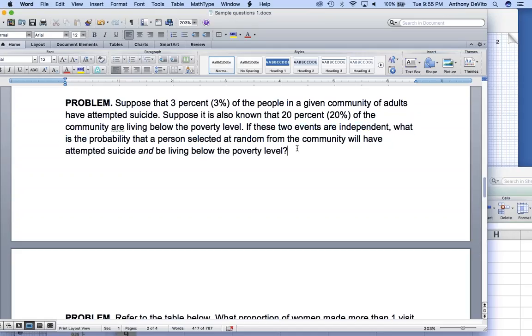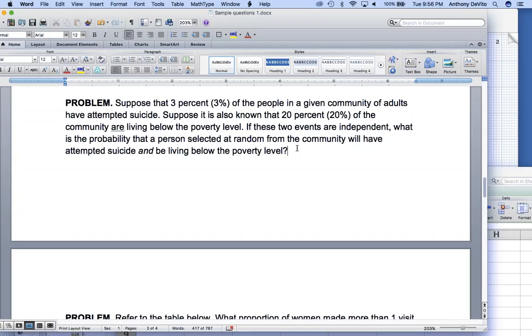Okay, so now these are independent events, right? If they're independent events, that means there's no association between one and the other necessarily. It's going to be the probability of A times the probability of B, which is 3% times 20%. That would be 0.03 times 0.2.